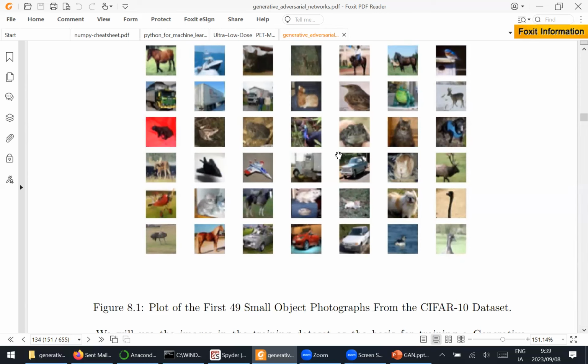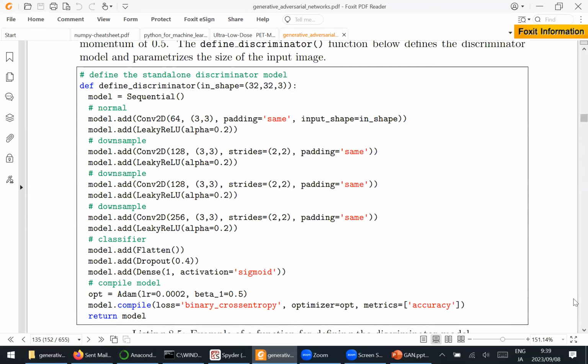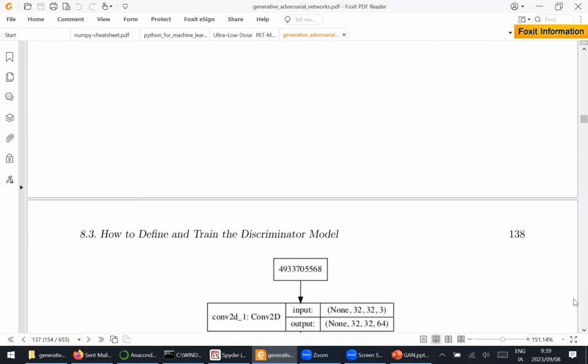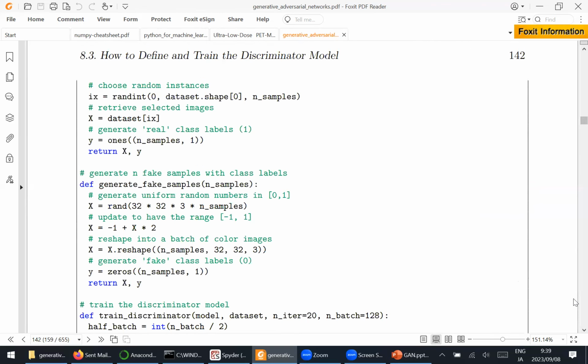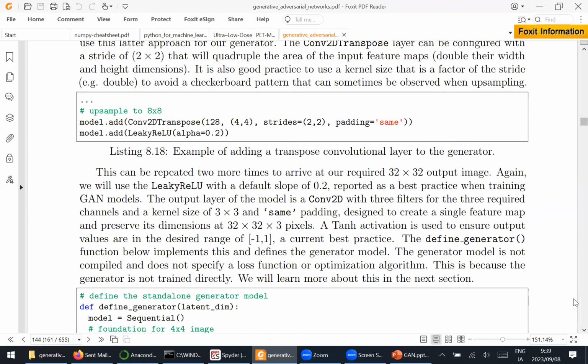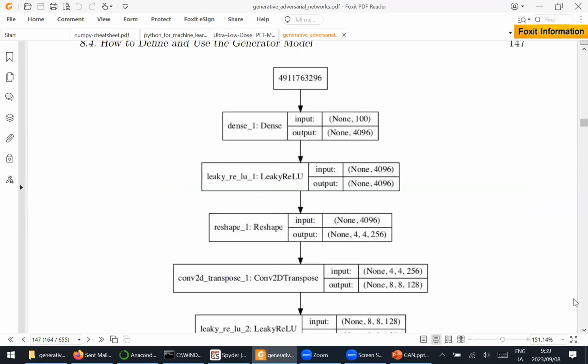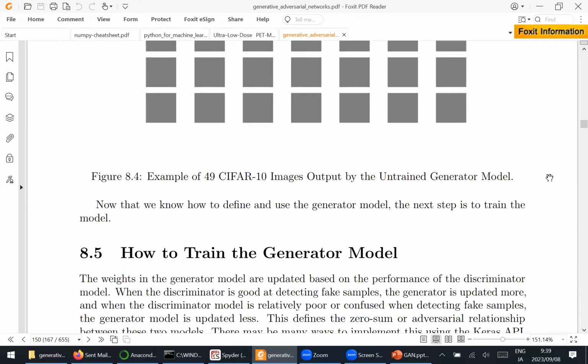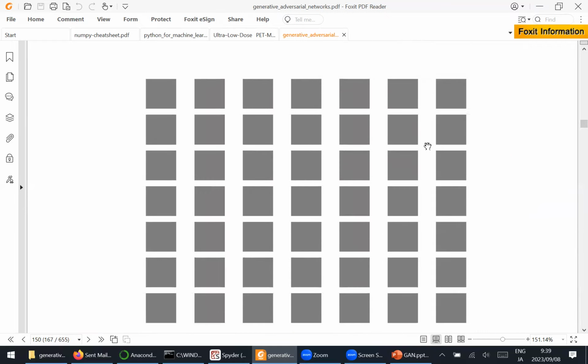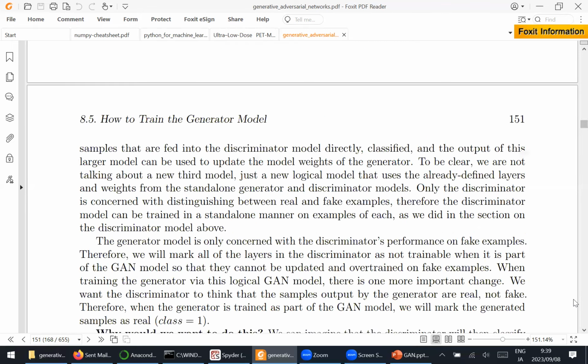This chapter does exactly the same thing, but using more interesting images. So the steps are all the same. Come down. At the beginning, the generator just makes random grayscale images.